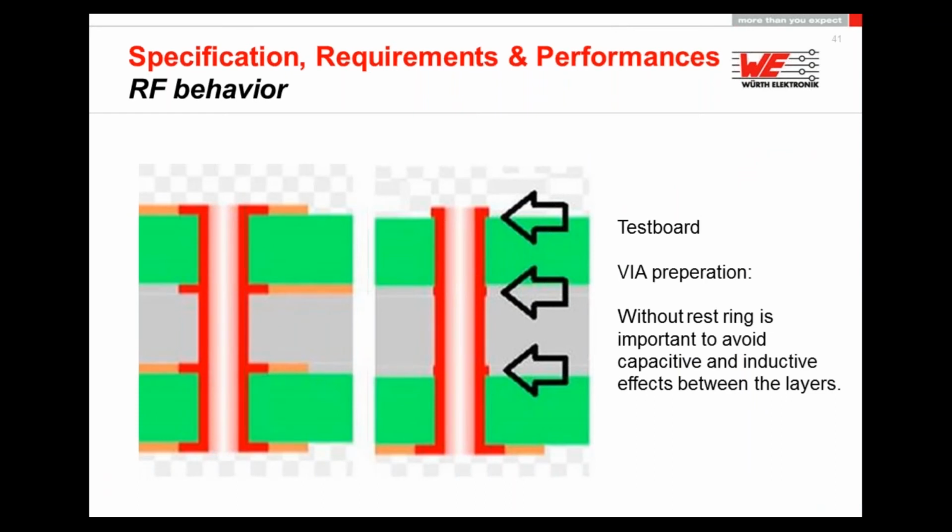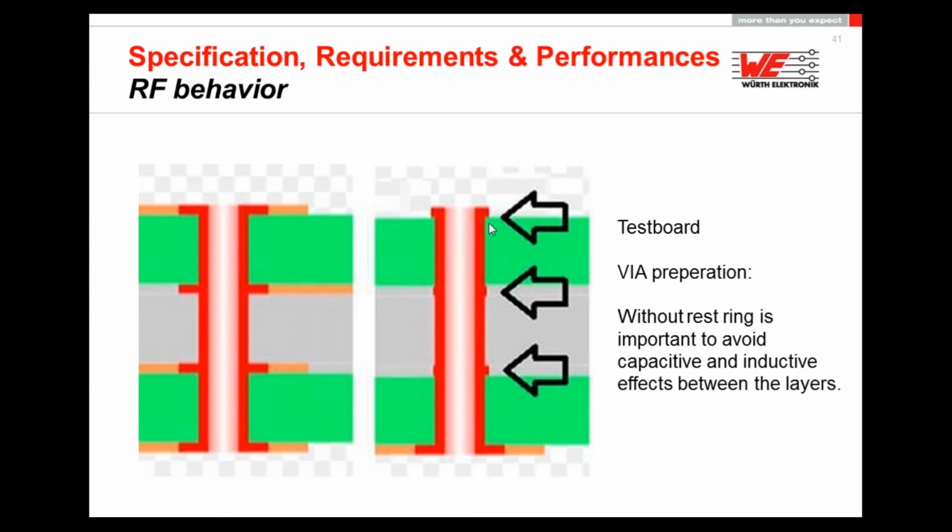And there's one point where we realize that a lot of mistakes are made on the market, and that's the via preparation. It's important that when we design the vias in our PCBs, we do it like we can see here on the right side, to avoid having rest rings.